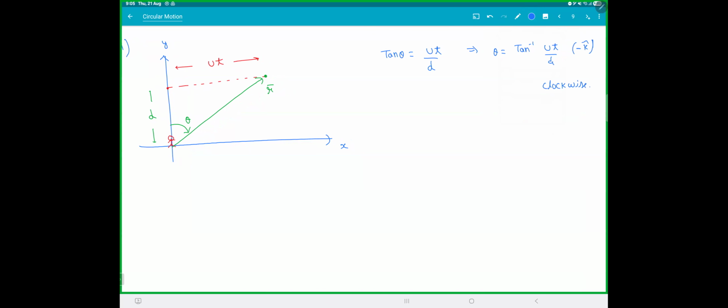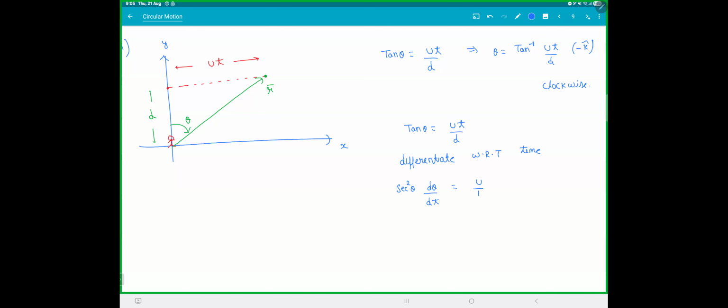Now, how do you find omega? You can differentiate theta directly, but we don't know the differential of tan inverse. So let's differentiate tan theta only. Tan theta is ut by d, differentiate with respect to time. And we have done this kind of question also. Remember where? Constant motion, when theta was changing. The differential of tan is sec square theta, then we have to differentiate theta inside because it's a chain rule, d theta by dt.